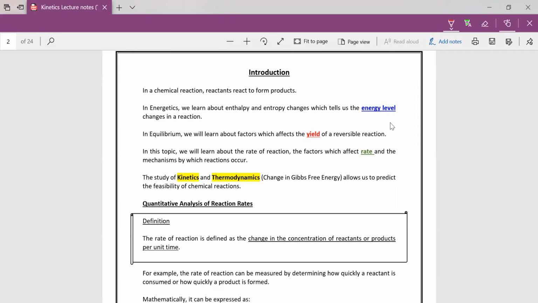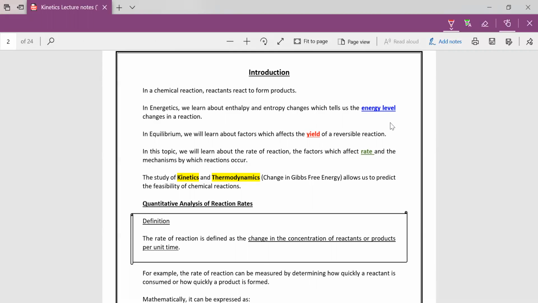So for this particular chapter, we'll learn about the rate of reactions, the factors which will affect the rate, and the mechanism by which the reactions occur. The study of both this chapter and the chapter on energetics allows us to predict whether or not the reaction goes ahead based on the energy and the activation energy.